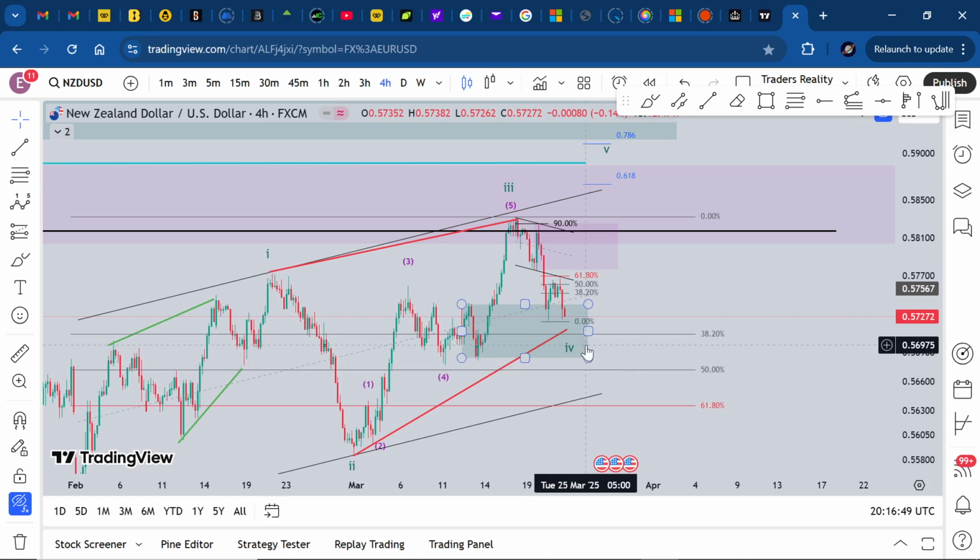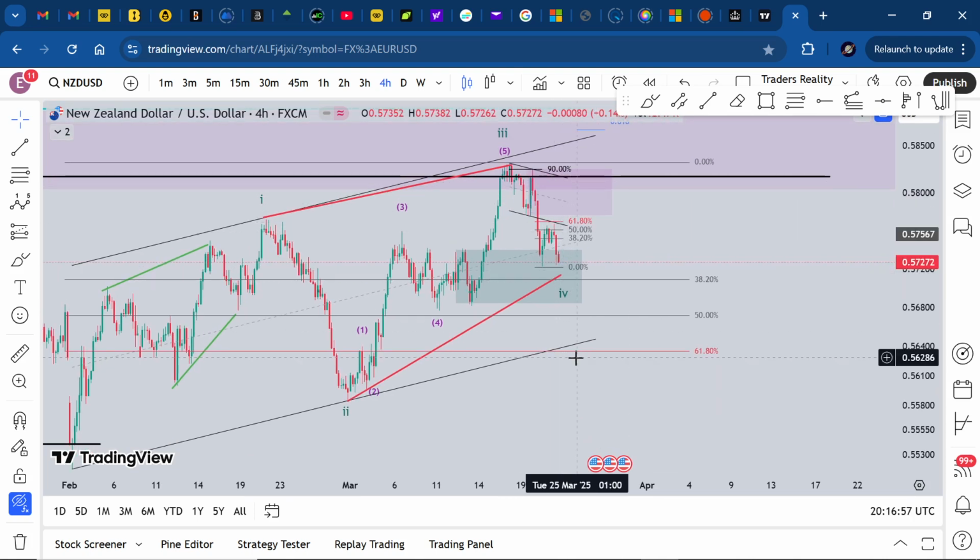So for an X, 0.382 is a decent retracement. So we could end at X there still, but if we're looking for lower, we could come down here.